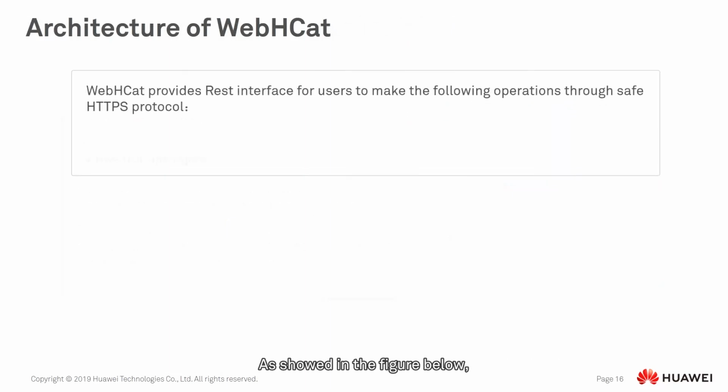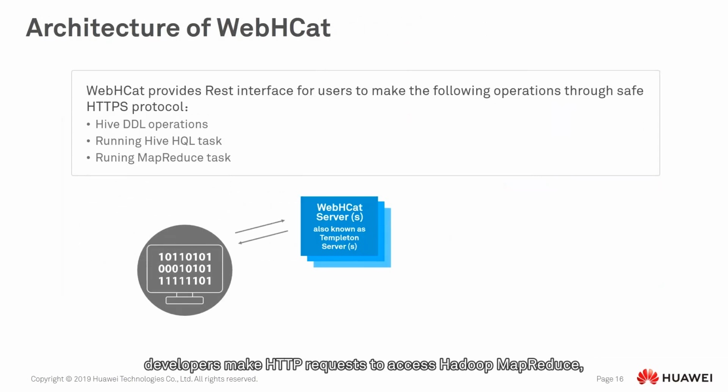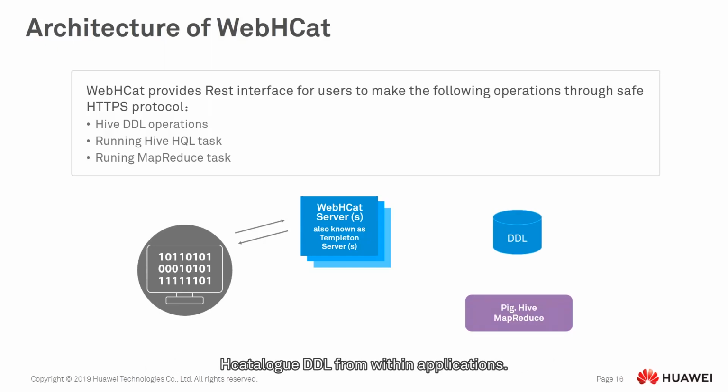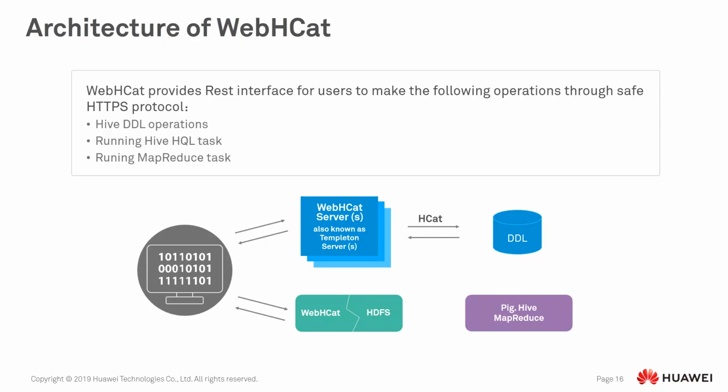As shown in the figure below, developers make HTTP requests to access Hadoop MapReduce, Pig, Hive, and HCatalog DDL from within applications. Data and code used by this API are maintained in HDFS. HCatalog DDL commands are executed directly when requested.